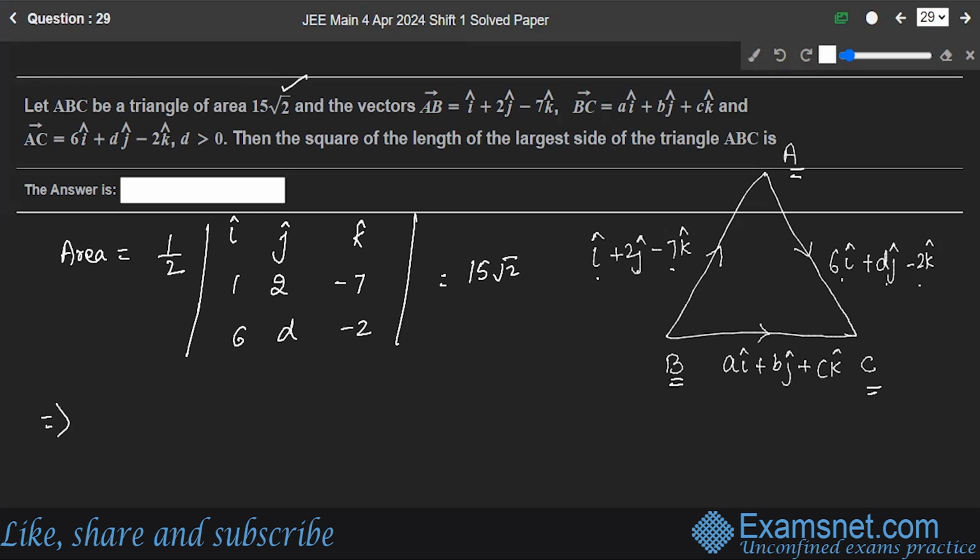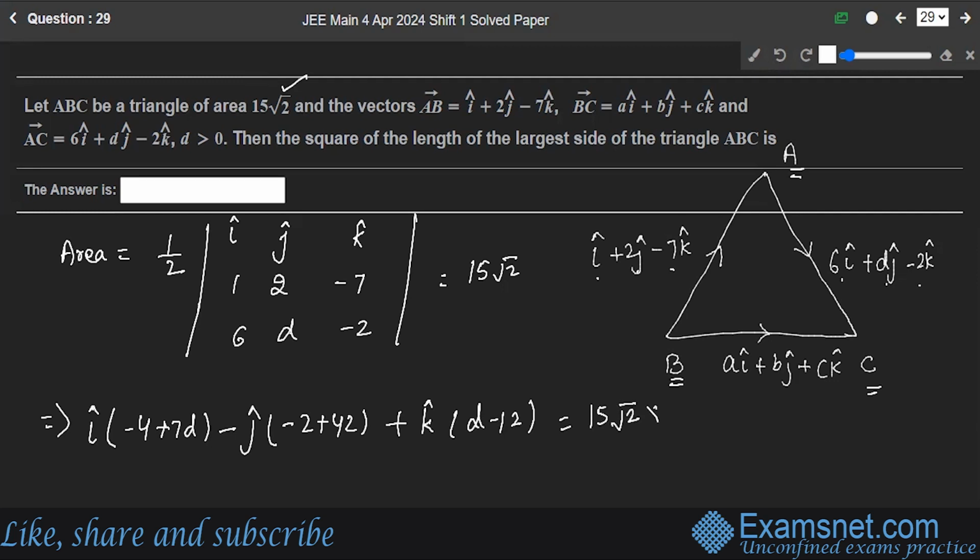So that gives me, let's find it out. It will be i cap, this is minus 4, 7D, minus j cap, minus 2, 42, k cap, this. So this is equal to 15 into root 2 into 2, correct?